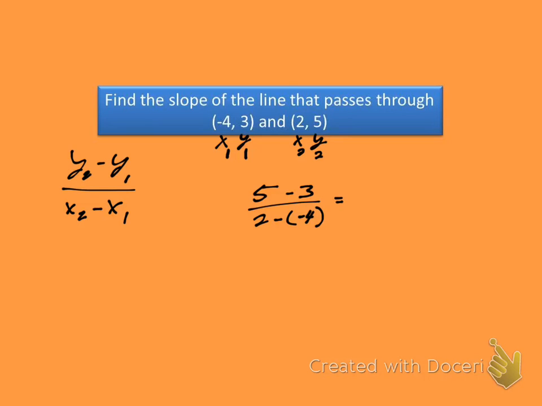Do some math, clean them up. 5 minus 3 gives you 2. 2 minus a negative 4, sorry, gives you 6. And always with fractions, you reduce. So 2 over 6 goes to 1/3, and you got it.